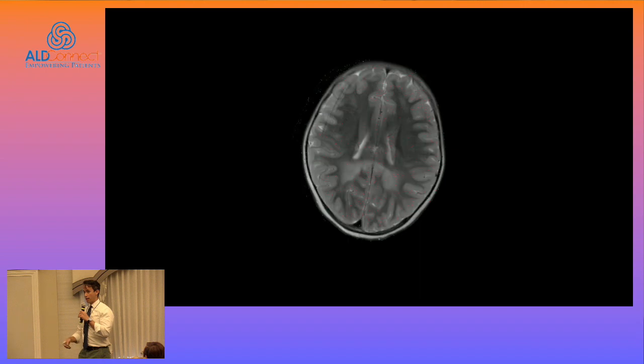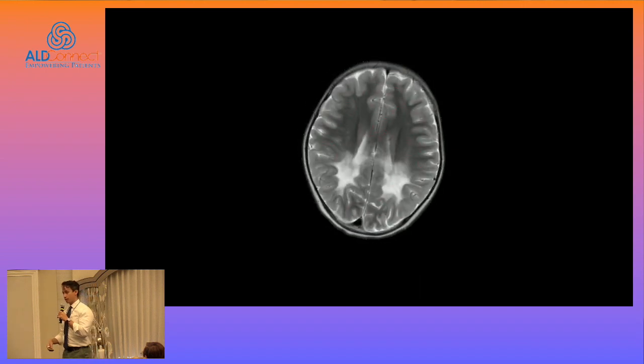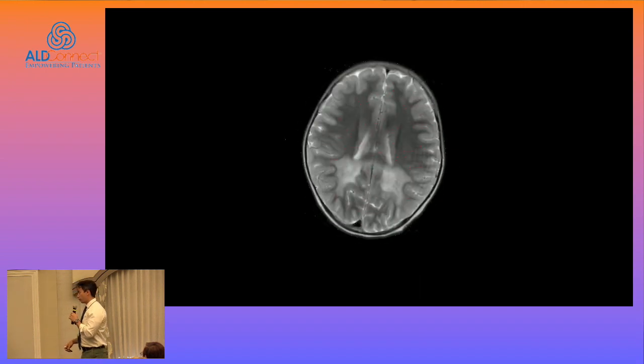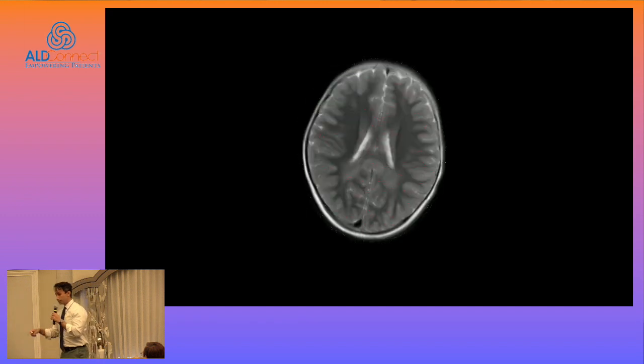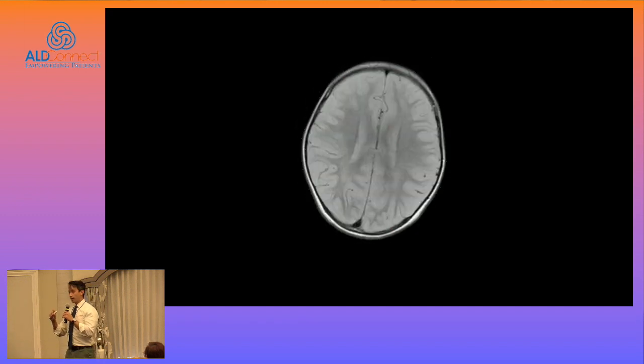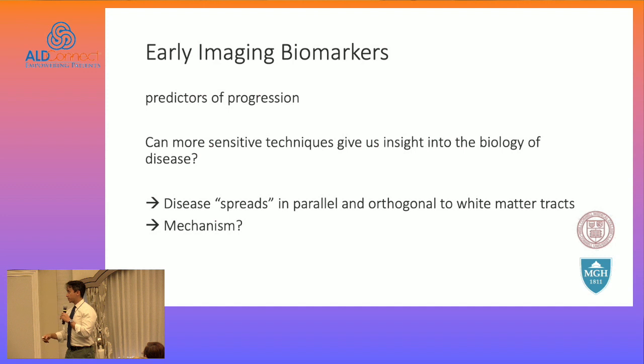And that's usually not accounted for by our scoring system that exists today. And what you also know, and I'm not showing here, is that cerebral ALD initially spreads along the white matter tracts, but once it gets into the back of the brain, there are all these crossing tracks that are going up and down, and it's spreading right through those as well.